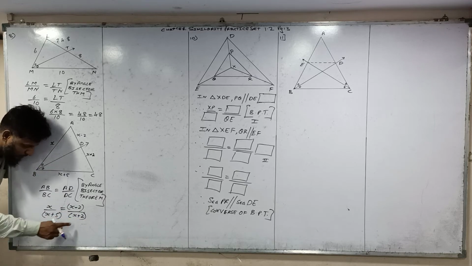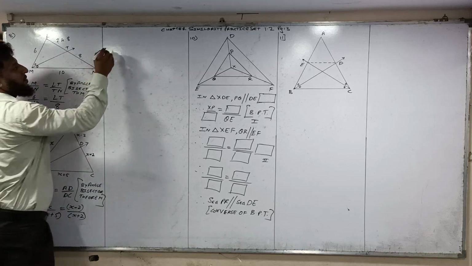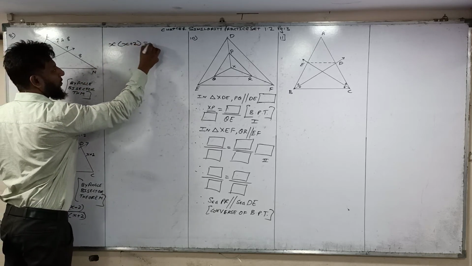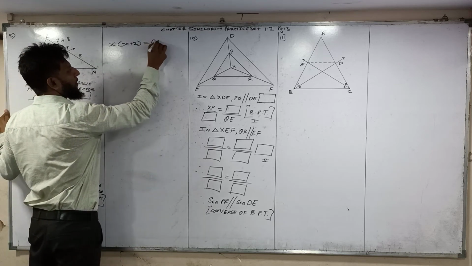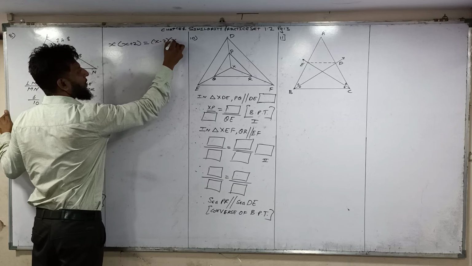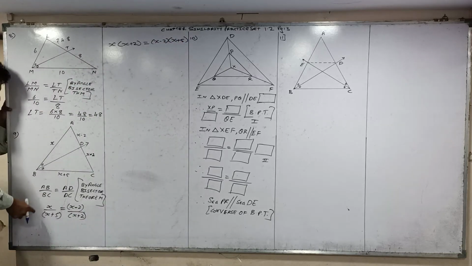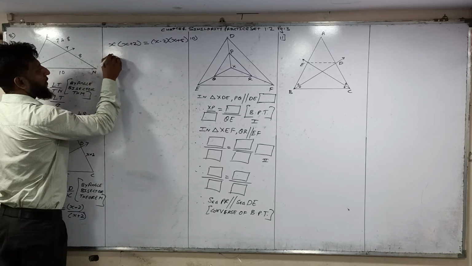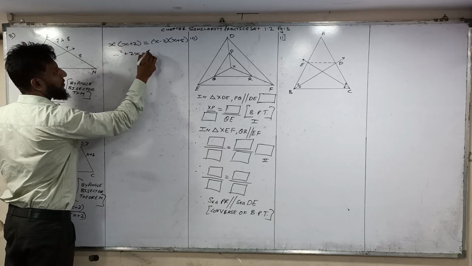Now cross multiply. This number will multiply with this, and this with this. X multiplied by X plus 2 is equal to X minus 2 multiplied by X plus 5. Now multiply X into X, X square, X into 2, 2X.